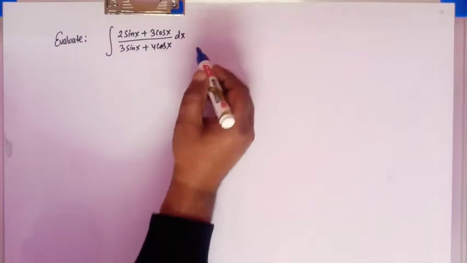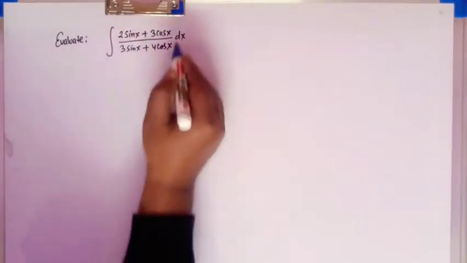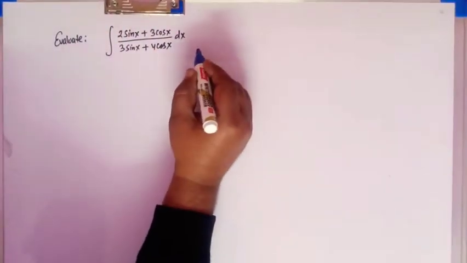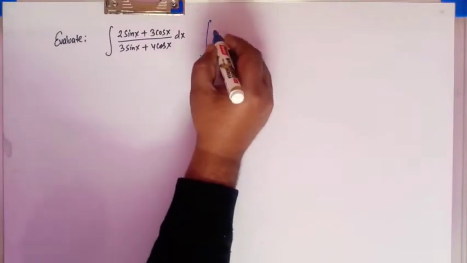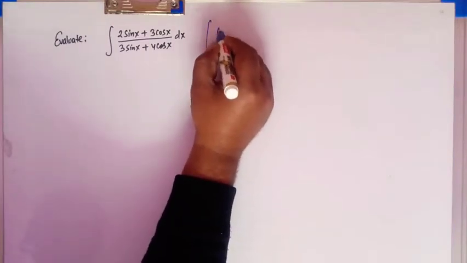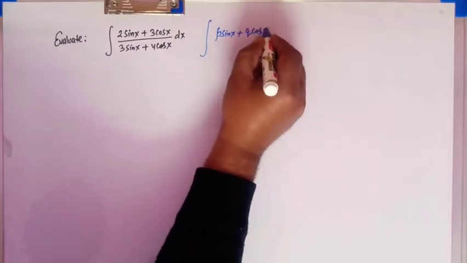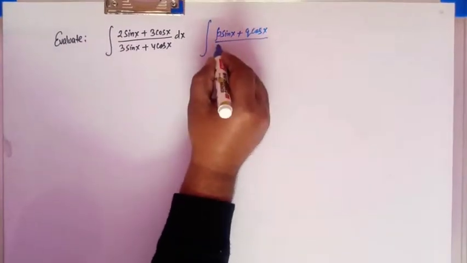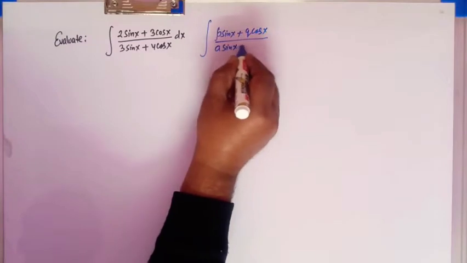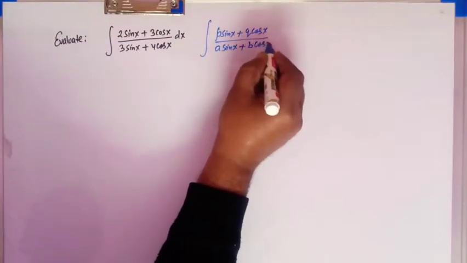Now if we consider the general form of such indefinite integrals, then we can write the integral of p sin x plus q cos x divided by a sin x plus b cos x.